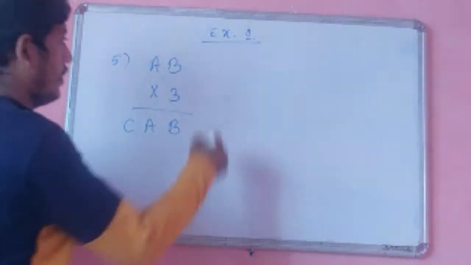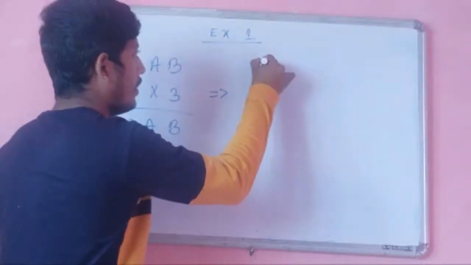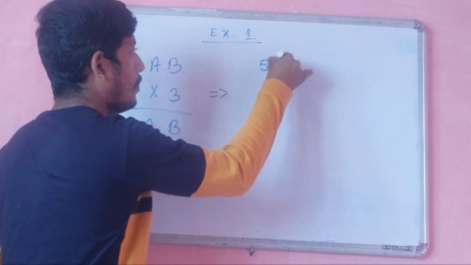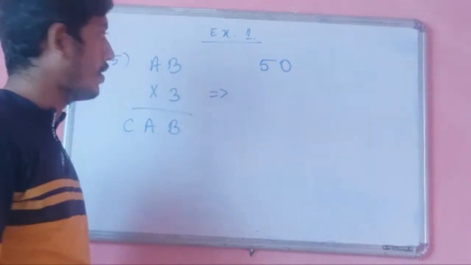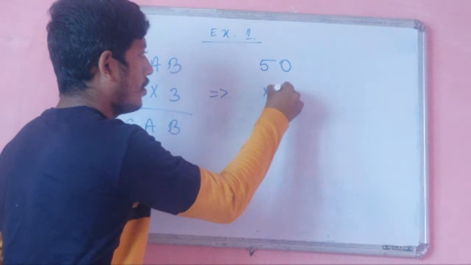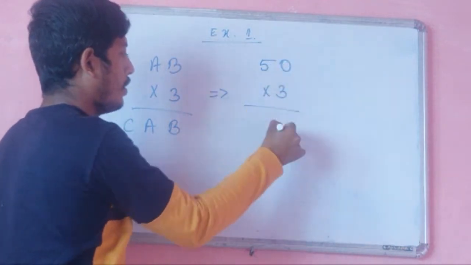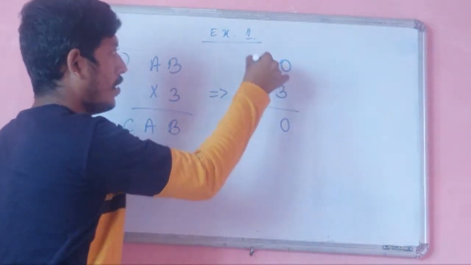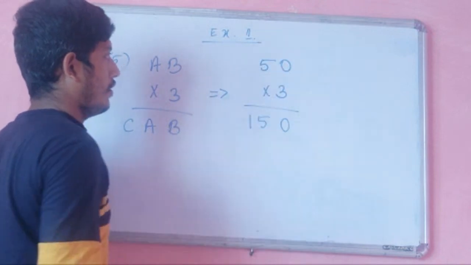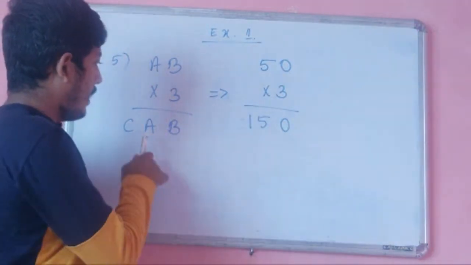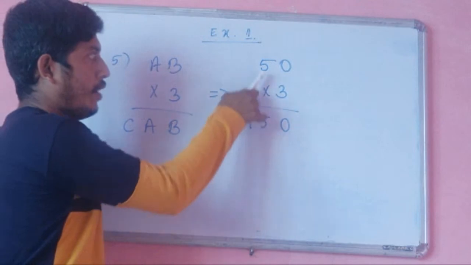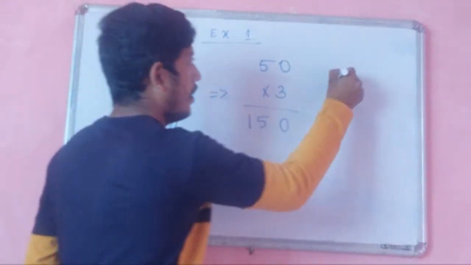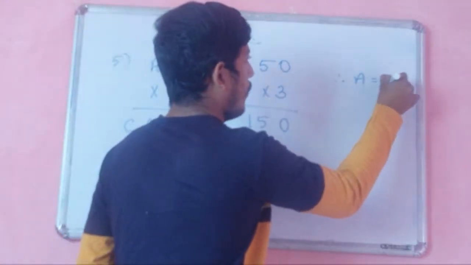So I will consider A as 5 and value of B as 0. 50 into 3 gives 3 into 0, 0, 3 5s are 15, that is 150. So A value is 5.